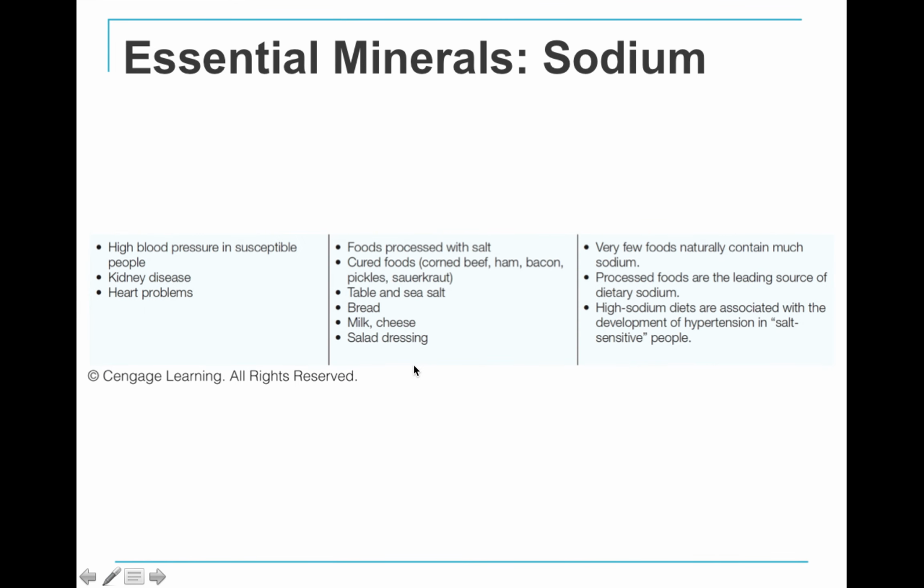And as far as food sources, basically everything here in America that's processed. If you really think about it, anything in those middle aisles of the grocery store is going to have high amounts of sodium in it. Okay, so what I do want to talk to you about is this first bullet point here, high blood pressure.